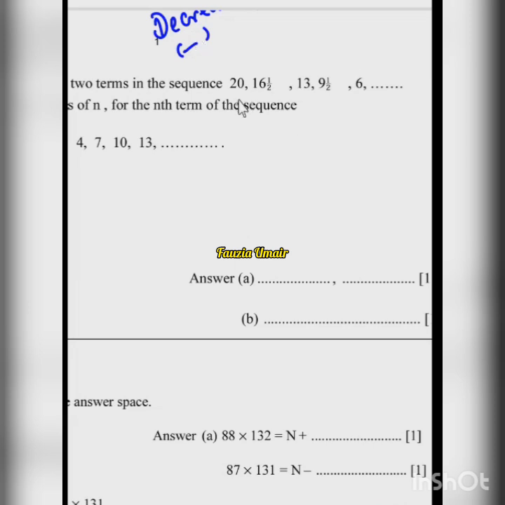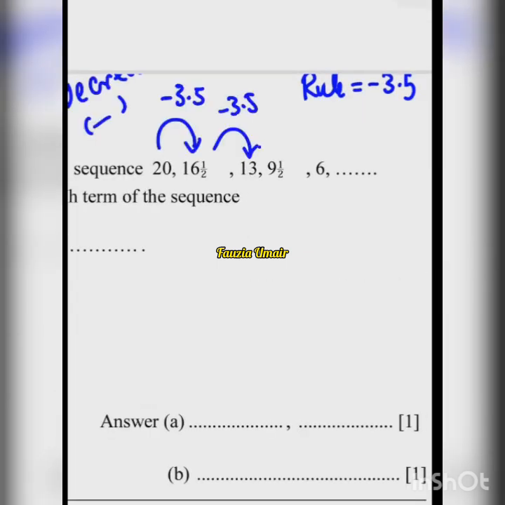Subtraction. So 20 is turning into 16.5. How much are we subtracting? 3.5. Okay. Then 16.5 turns into 13. Again minus 3.5. So the rule is minus 3.5. So what will be the next term? Next two terms. What will come after 6? 2.5.